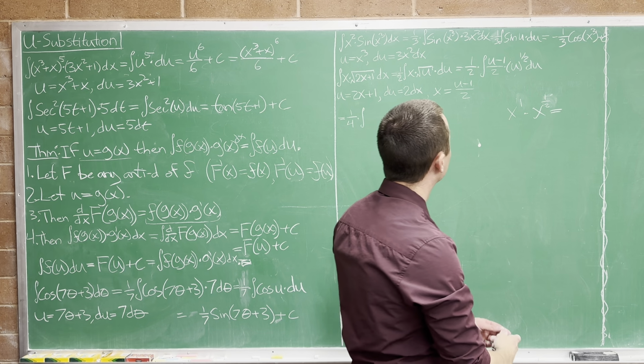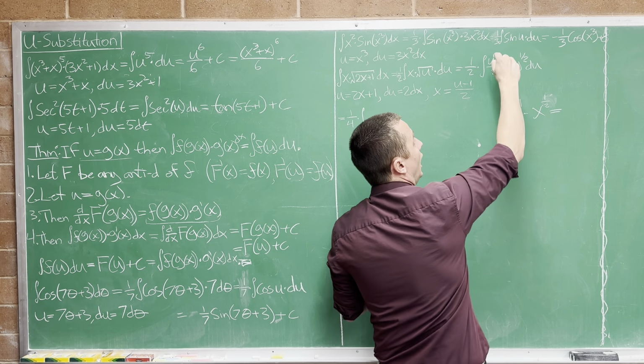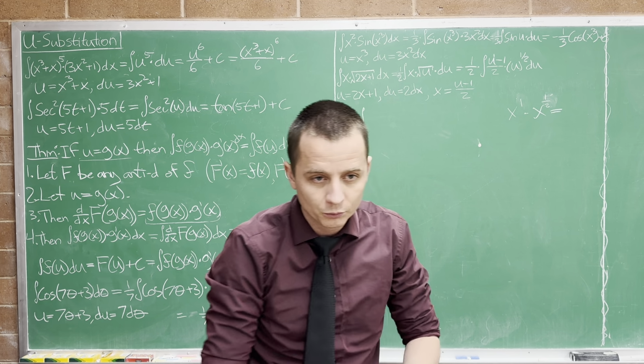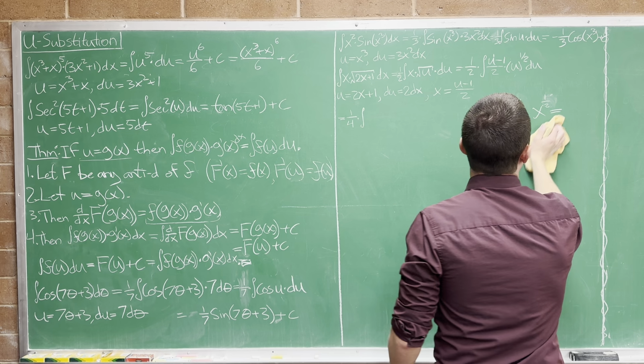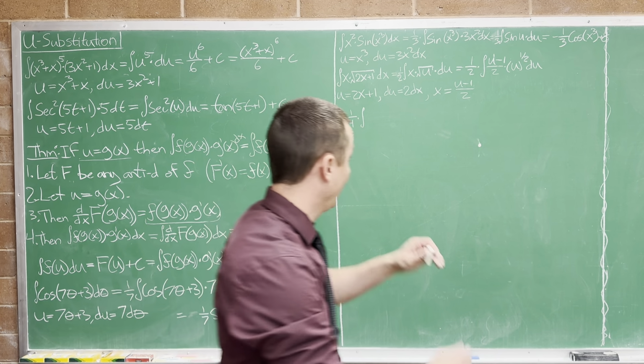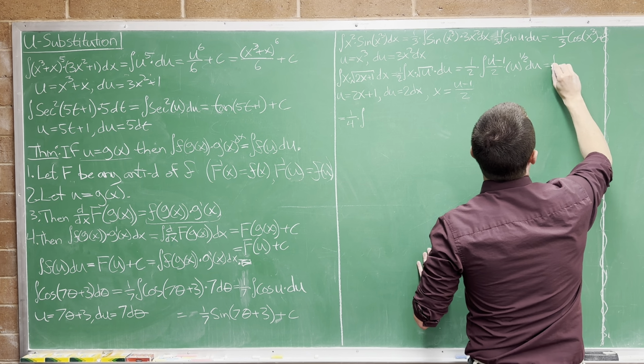Oh, I thought it was negative 1. Oh, no, that's minus 1. So this is u to the 1, and we're going to multiply that, and then we're going to do the negative 1. Multiply to that. We're distributing, right? So it's x to 3 halves. Okay, 3/2. So this is equal to 1/4 the integral.